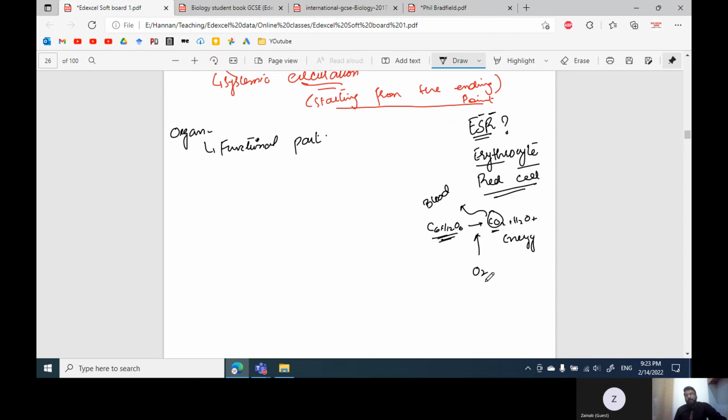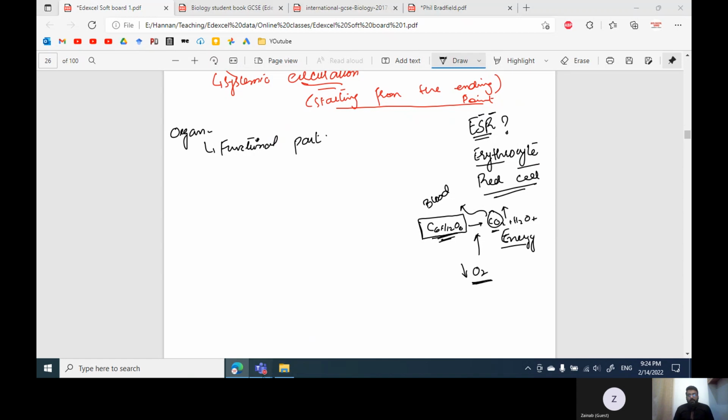And we are going to need more oxygen to increase the rate of breakdown of glucose, so that we can get more and more energy. But suppose we are not getting enough oxygen, but we are trying to increase the rate of breakdown of glucose at all cost. What happens? The oxygen level falls drastically, and the carbon dioxide level increases at a very dangerous rate.